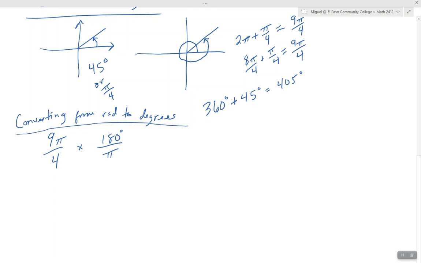That's what we said earlier: 180 degrees is the same as pi radians. And then we work this out. Notice there's a pi on top and a pi on the bottom, so those are going to divide out to give you 1. And then we get 9 times 180 over 4.